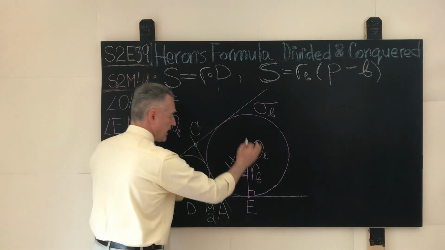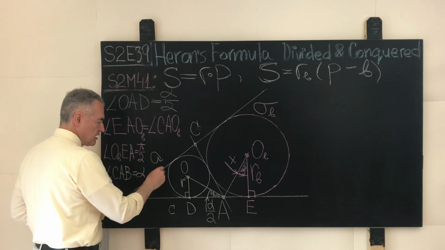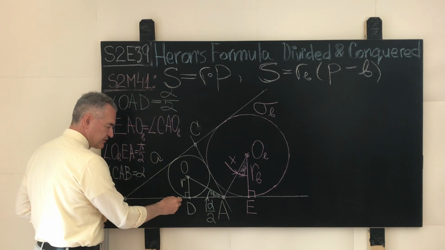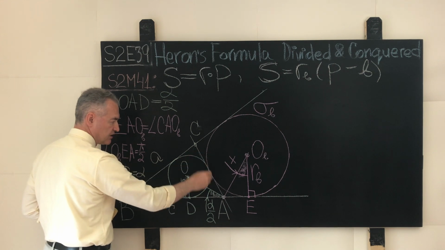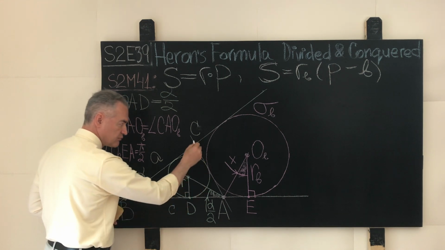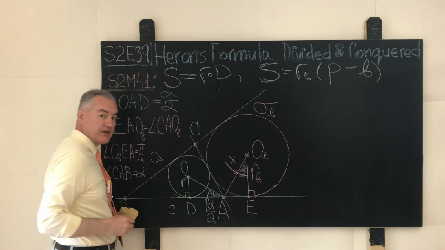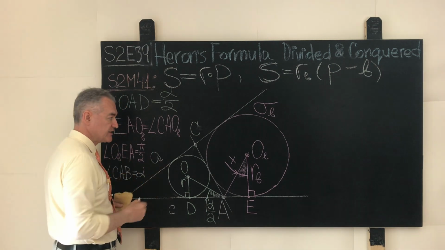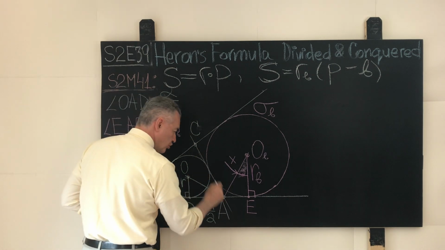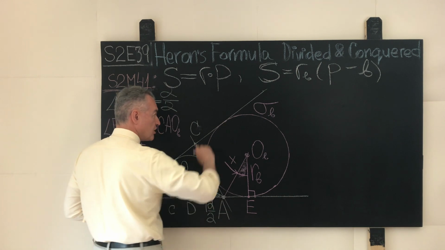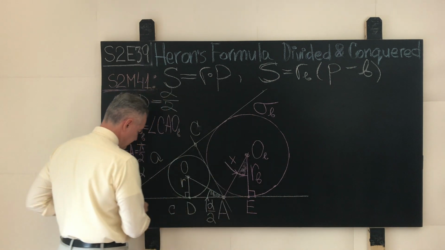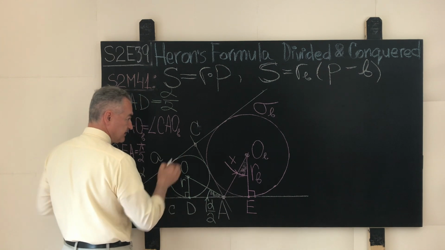Now we step to the ExCircle. This is the side a of the parent triangle, this is the side c, this is the side b. I do not write the letter b to avoid the clutter, but we understand this is the side of the triangle to which we refer as lowercase b. Externally to that side b, we construct a circle that also touches the sides BA and BC extended.